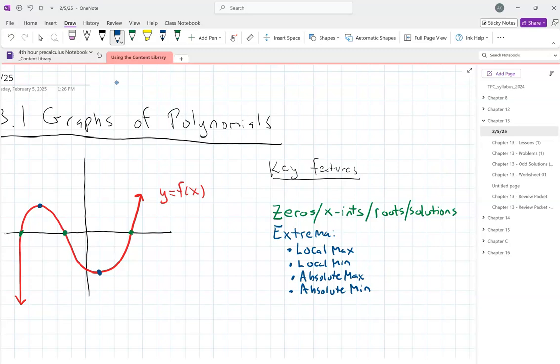Now, if I'm talking about this one, what type of extrema is that guy that I highlighted? Local or absolute, though? Local, very good. Because if I take just like its little area, it's the tallest point in that area. But if I extend it big enough, eventually we see there's stuff taller than it, right?